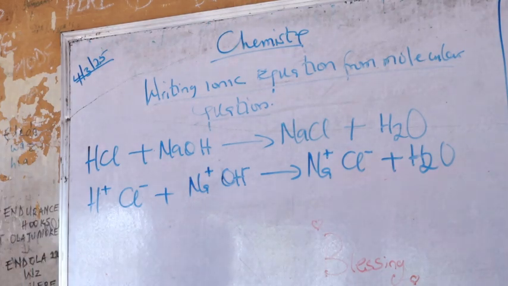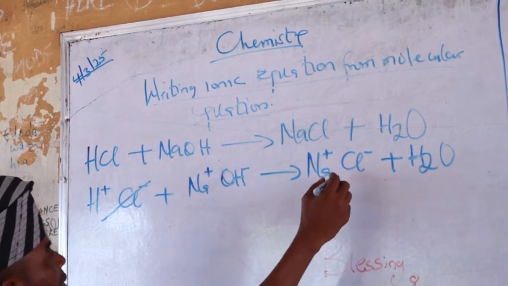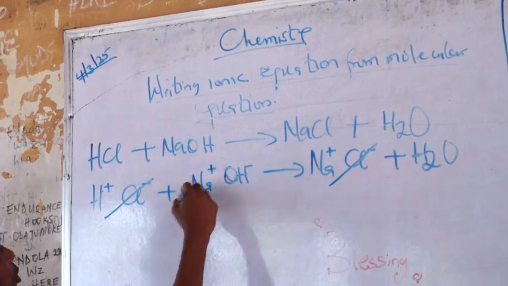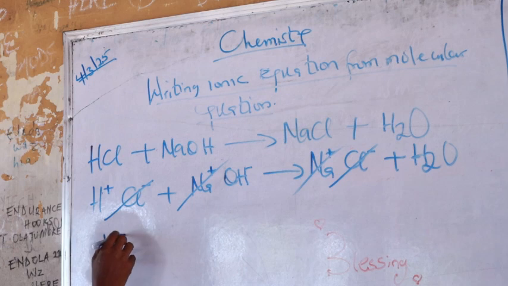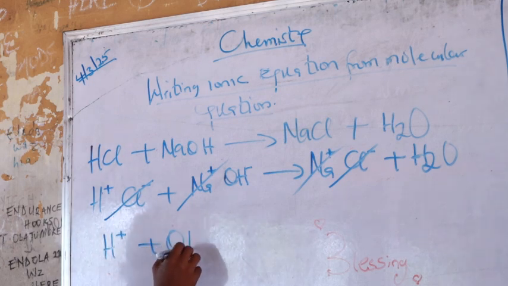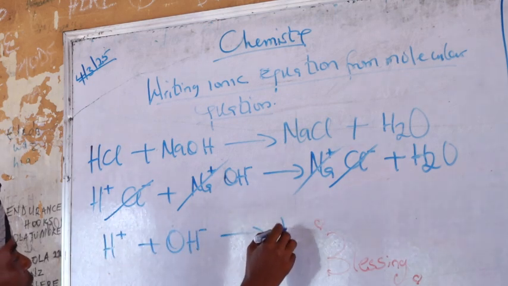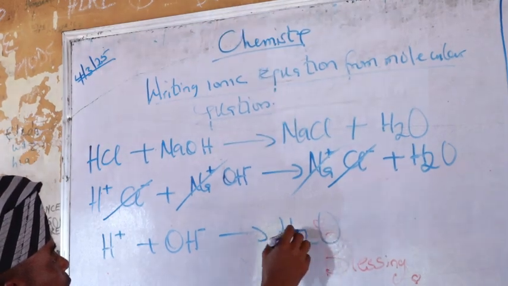That is, water molecule remains water molecule. Are we together? The next thing for us to do is to cancel out the ions from both sides. There is chloride ion here and chloride ion here, sodium ion cancels sodium ion. What remains here is hydrogen ion plus hydroxyl ion to give us H2O.